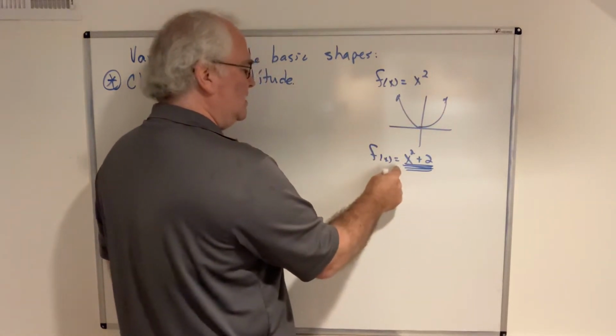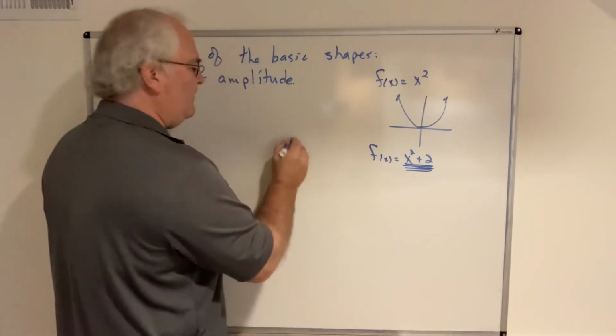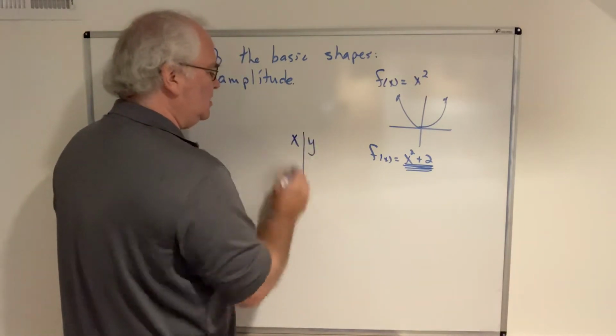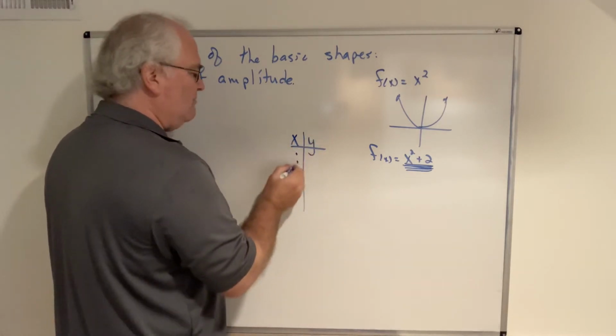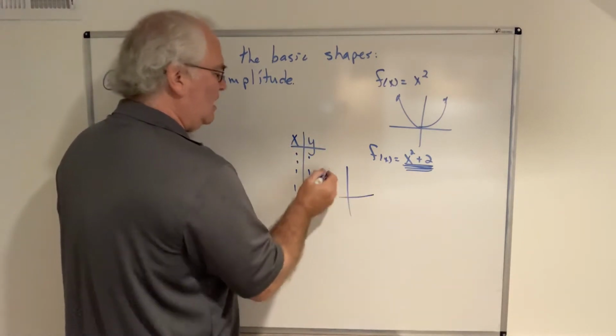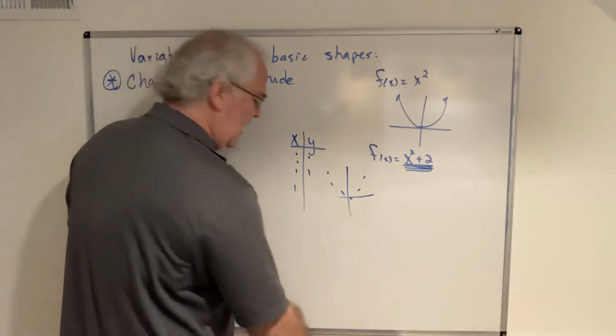One way to do this is to be very, very not efficient, just be very pedantic. One way to do this is plot a bunch of points and then play connect the dots.